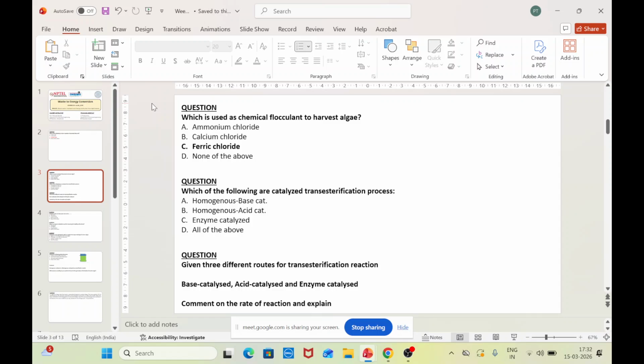So this algae, whenever it floats in the water, the major problem with the physical methods is that they are not very efficient. When we try to harvest these algae from the wastewater physically, there are chances that the majority of the algae may remain within the water, and you cannot extract the algae in a very efficient way.